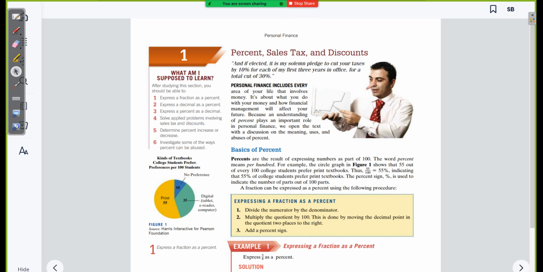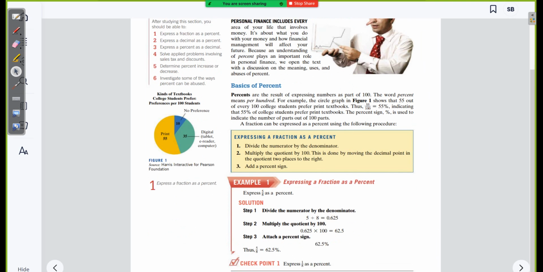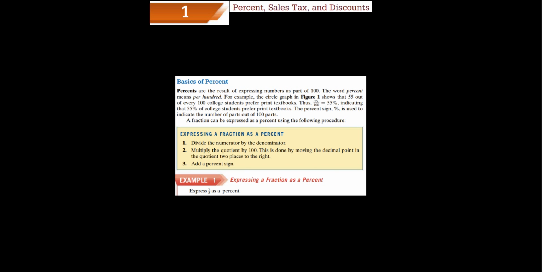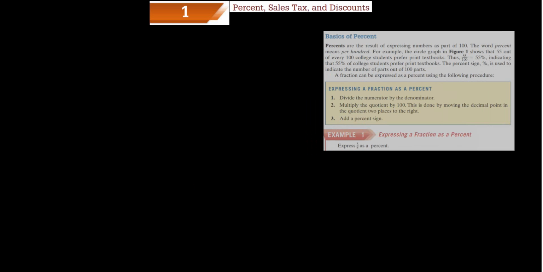So we're going to be talking about computation today: percent, sales tax, and discounts. I think today's going to be super easy and super short, because these are definitely concepts that you know of. But let's begin here.